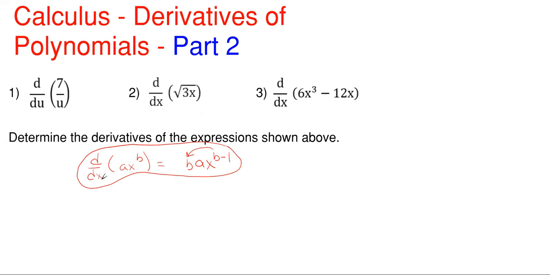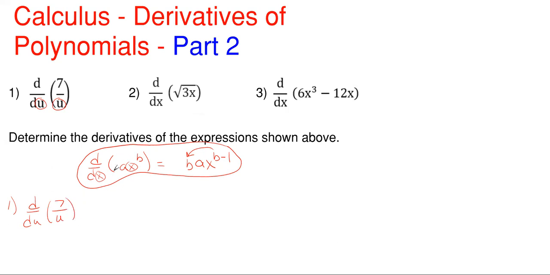And it does not really matter what the variable is. In this case, this one is x, but as you see in our first one, we are going to have u. You just replace x with u or any other variable that is shown in the expression. So number one, we have d du of 7 over u.